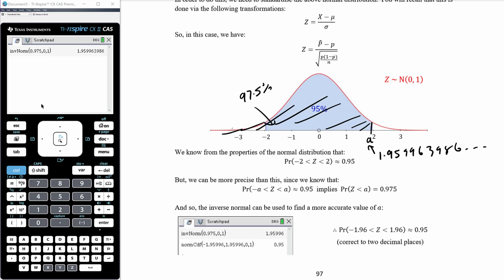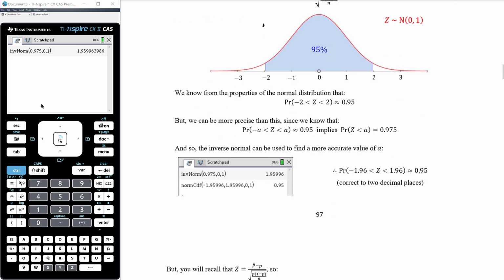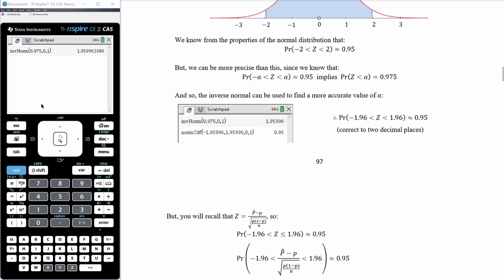Rather than using 2, we can use 1.96 as an even better approximation. We can use an even better approximation if we want, but let's go with 1.96 for now. So we know the probability that z is between -1.96 and +1.96 is about 0.95. It's closer to 0.95 than before.